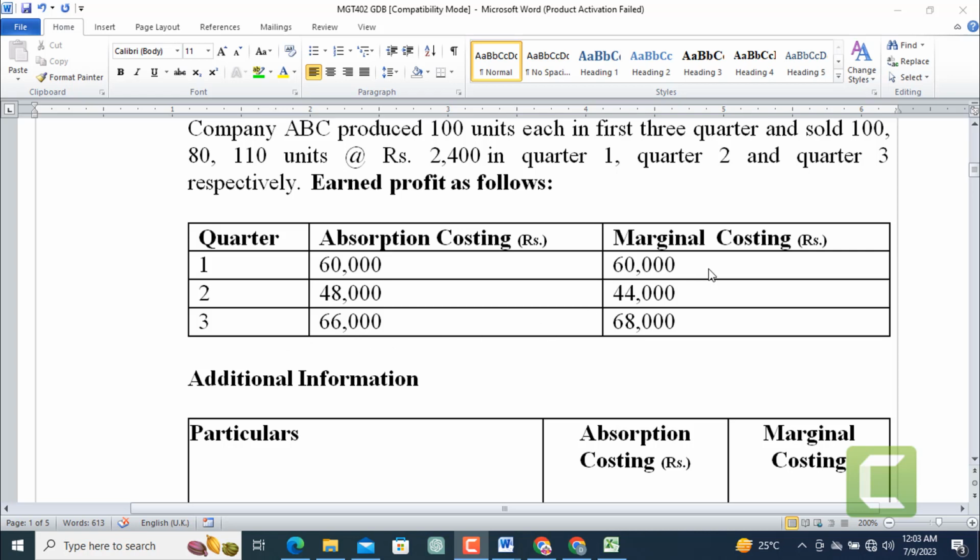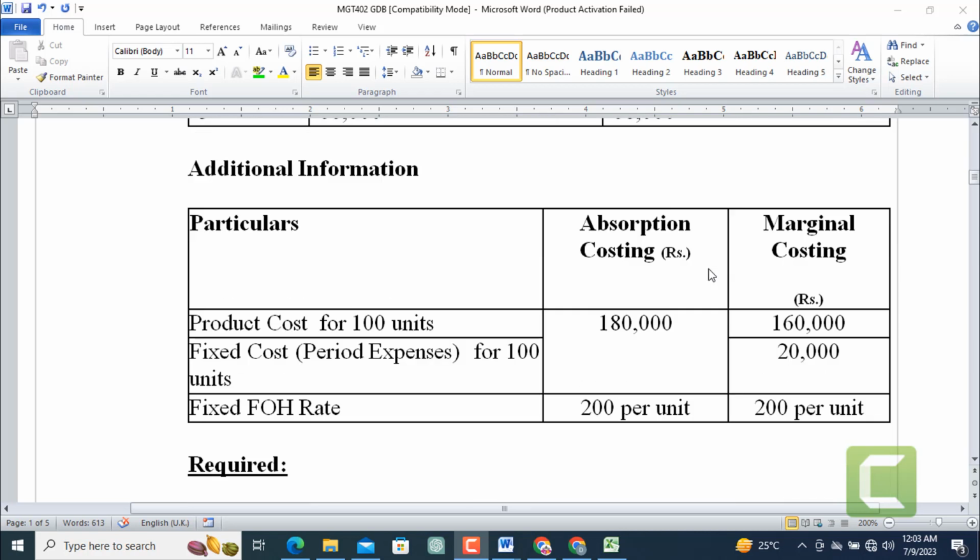Now we have additional information, particulars of absorption costing, product cost for 100 units, 180 units. You see there is no separate cell, as you can observe with the marginal costing 20,000. It means that in absorption costing, which is also known as the historical approach, we include all kinds of expenses.